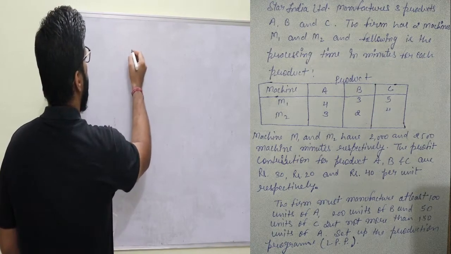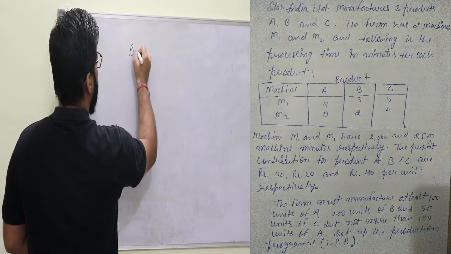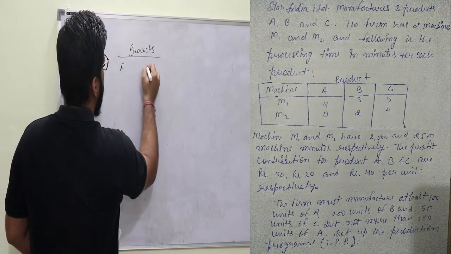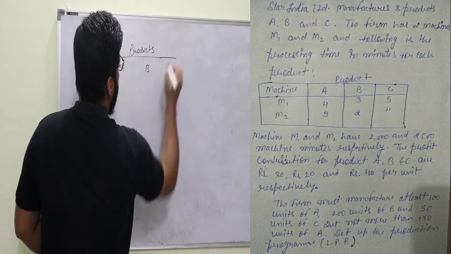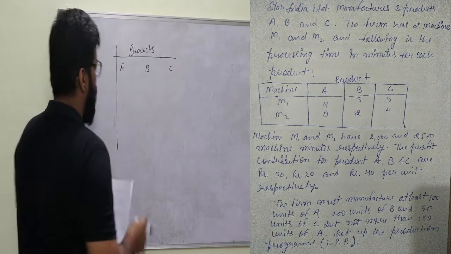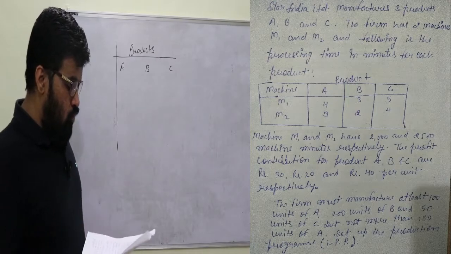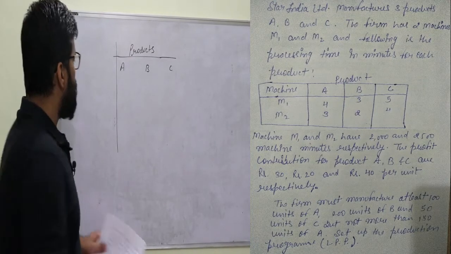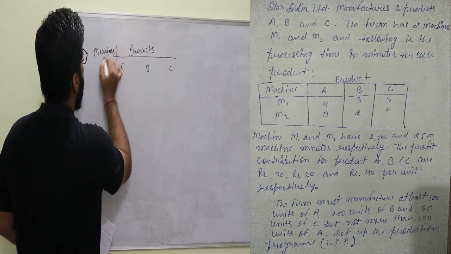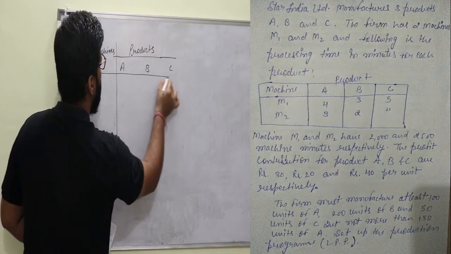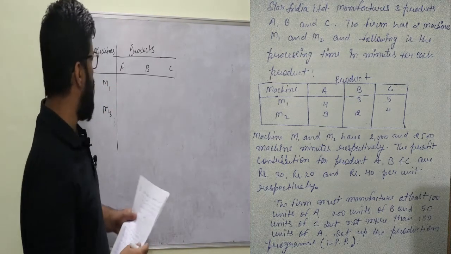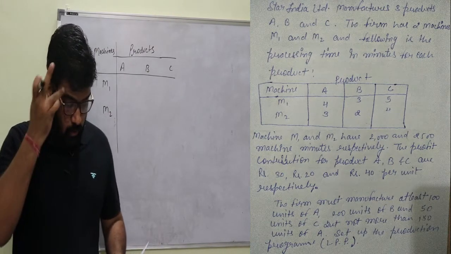So I am just writing the products: A, B and C. 3 products it is manufacturing. Okay. The firm has 2 machines, M1 and M2. So there are 2 machines. I am doing nothing new and nothing unique, just writing the information as given in the question. So M1 and M2 are 2 machines.